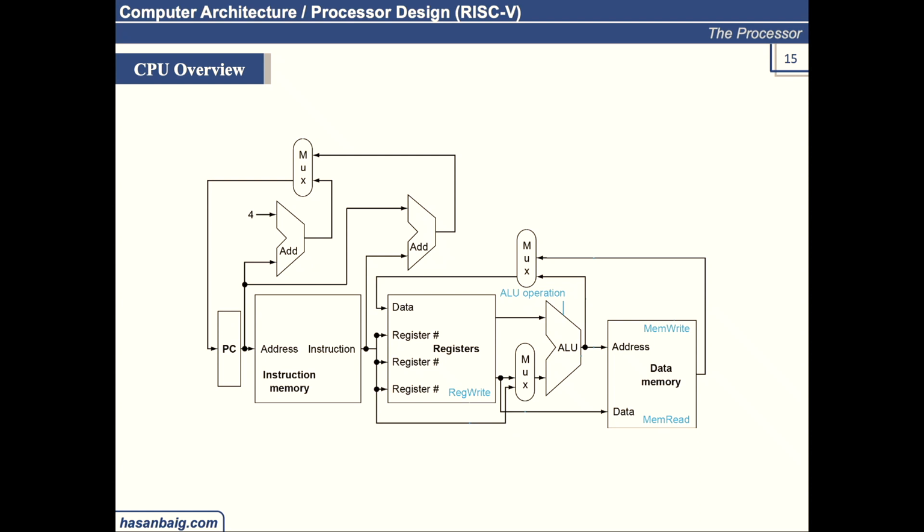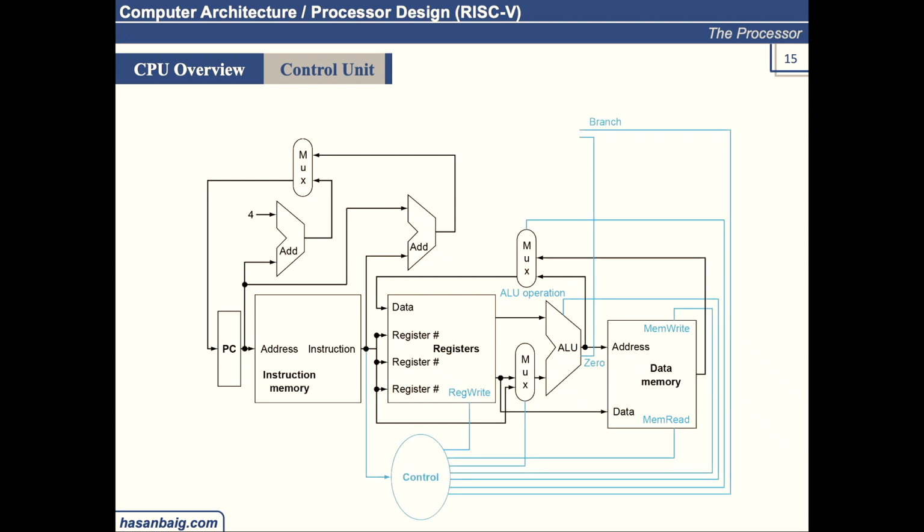But there is a specific unit which we call the control unit. That control unit has separate circuitry. We haven't discussed the details of that one, but just assume that we provide the opcode field, or the instruction, here.